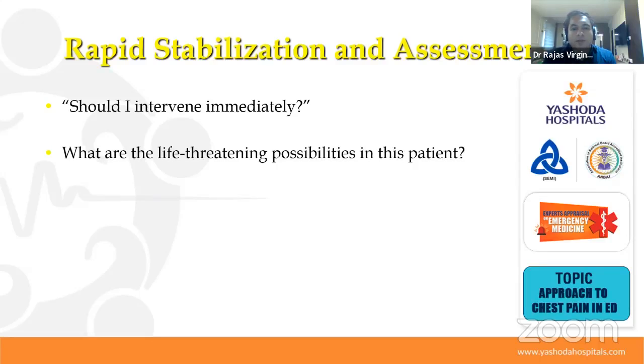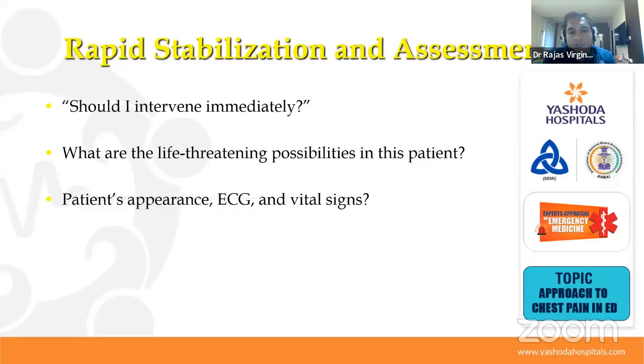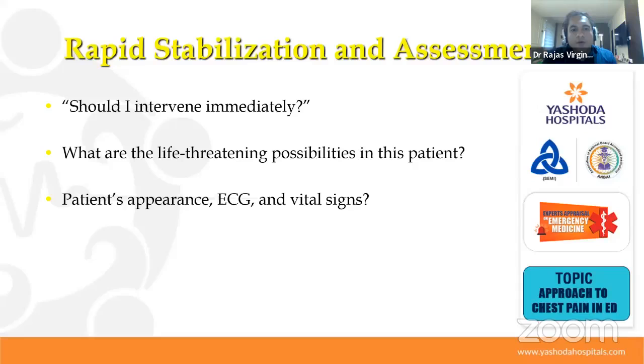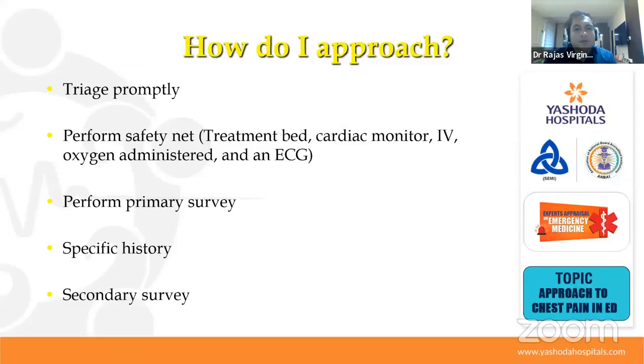What are the life-threatening possibilities in these patients? How does the patient look? What is the ECG like? What are the patient's vital signs? These are all questions which are going to be going through your mind whenever you see a slightly sicker patient, maybe coming with chest pain to the emergency department.